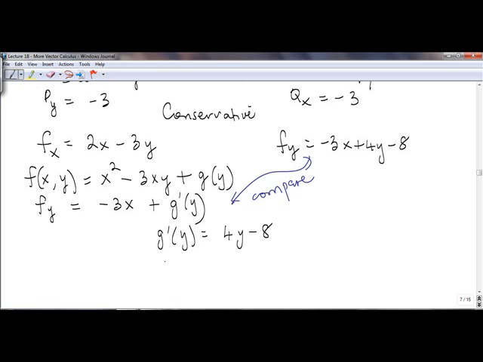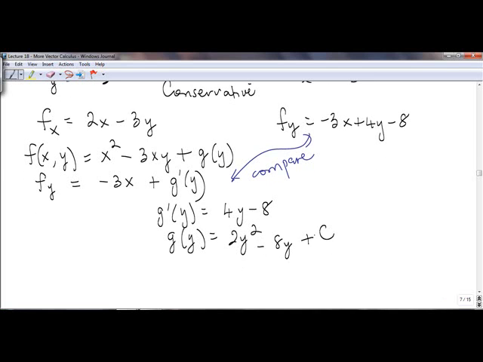Good. So what is g of y? 2y squared minus 8y plus c. Great. And so write out your potential function. F of xy is x squared minus 3xy plus 2y squared minus 8y plus c.